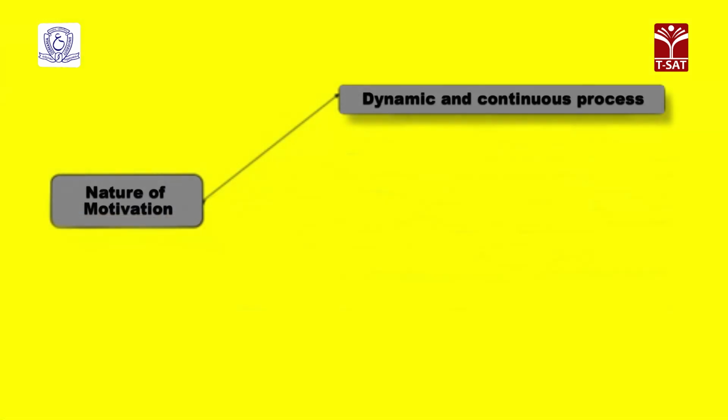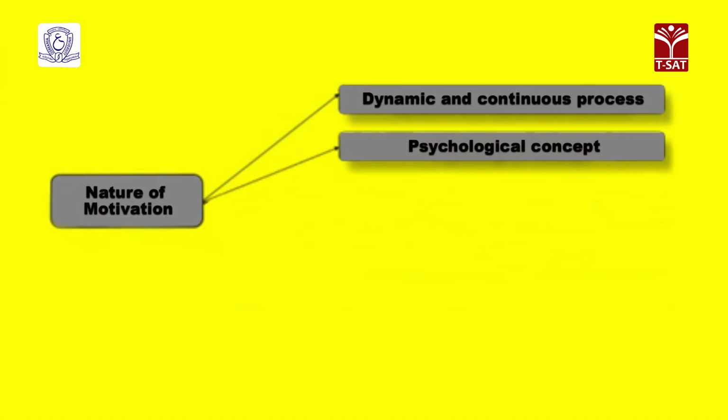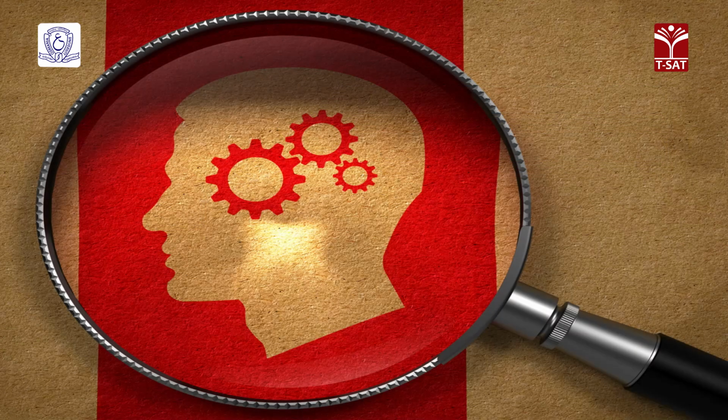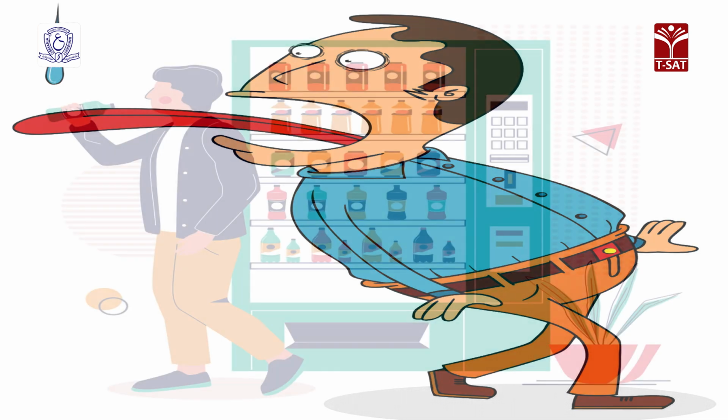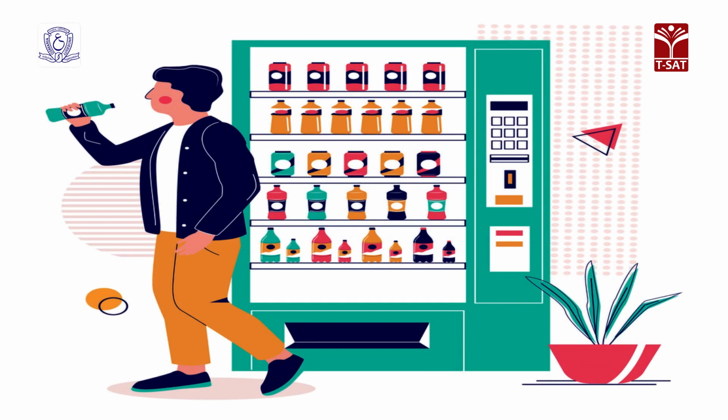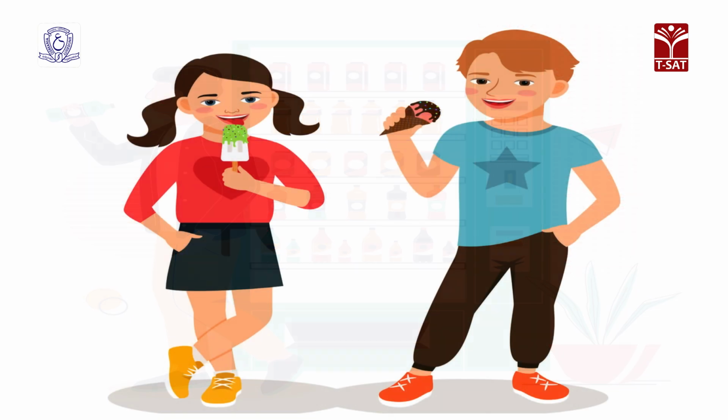Motivation can also be a psychological concept. Why are we calling it a psychological concept? Because it is an inner force in us. It is very innate in us. All the motives cannot always be guided by someone. For example, I feel very thirsty, I want to go to the fridge and take the water, or it is very hot, I want to have an ice cream.